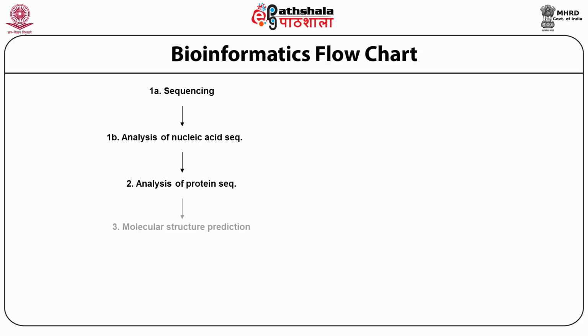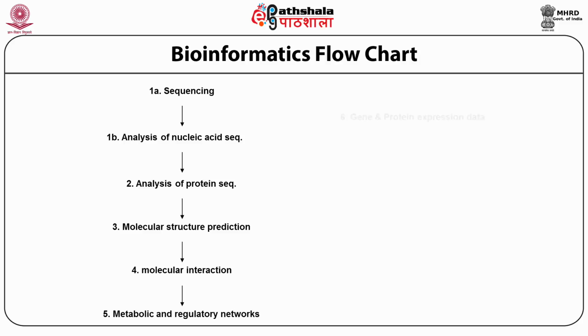Then molecular structure prediction can be done to predict the three-dimensional structure of the protein. Then molecular interaction analysis shows which other proteins interact with this protein. Then pathway analysis, like the metabolic and regulatory network.